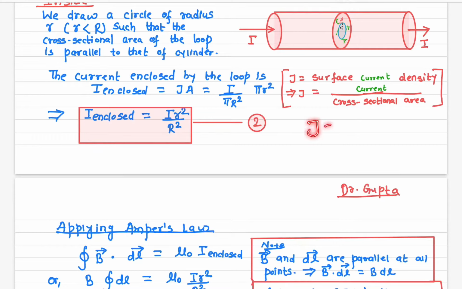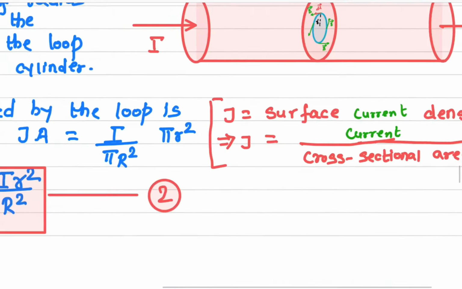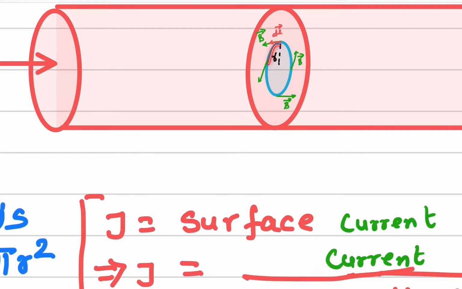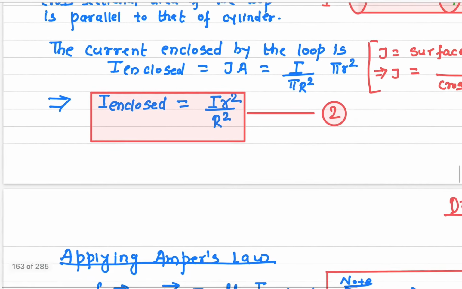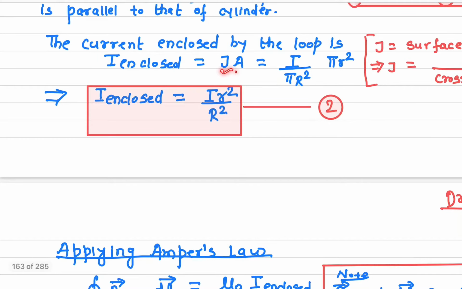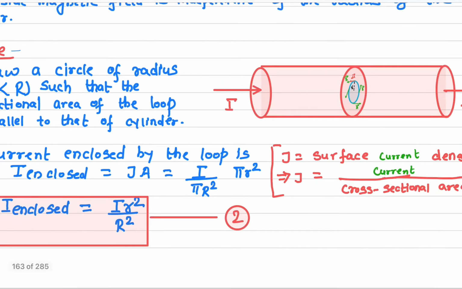So the current density is the current per unit pi r squared. If I know the cross-sectional area of this loop, then I can find out how much current is passing through this loop, which is equal to J times A, the current density times the area.